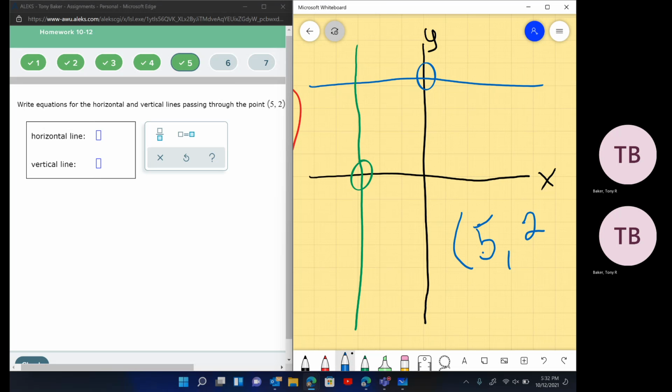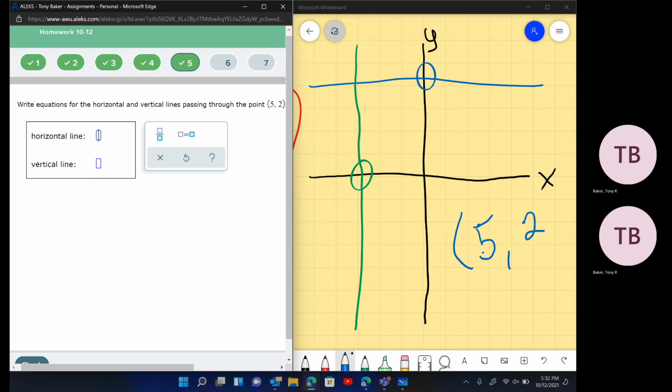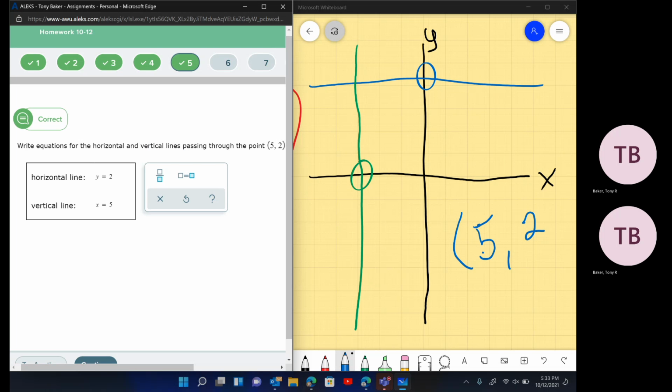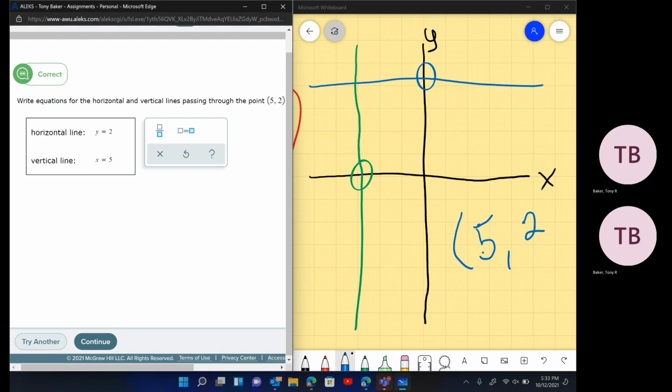It's glitching on me. Technical difficulties. All right, my point's 5, 2. That's it. Pretty simple topic, really easy to screw up.